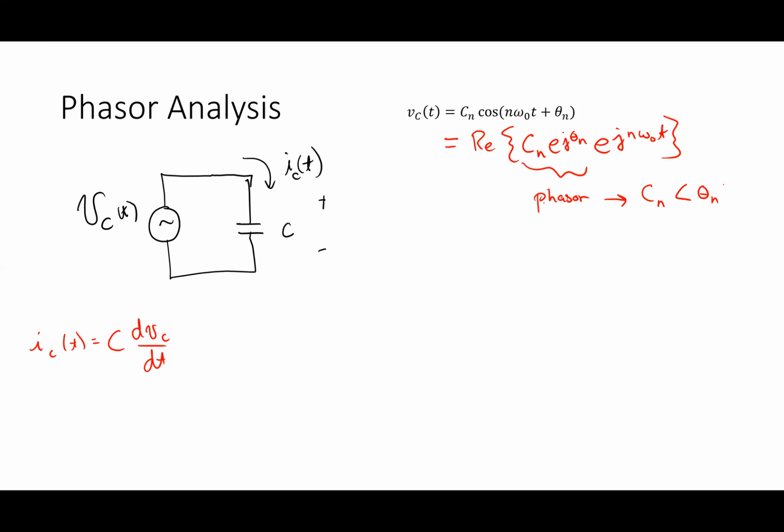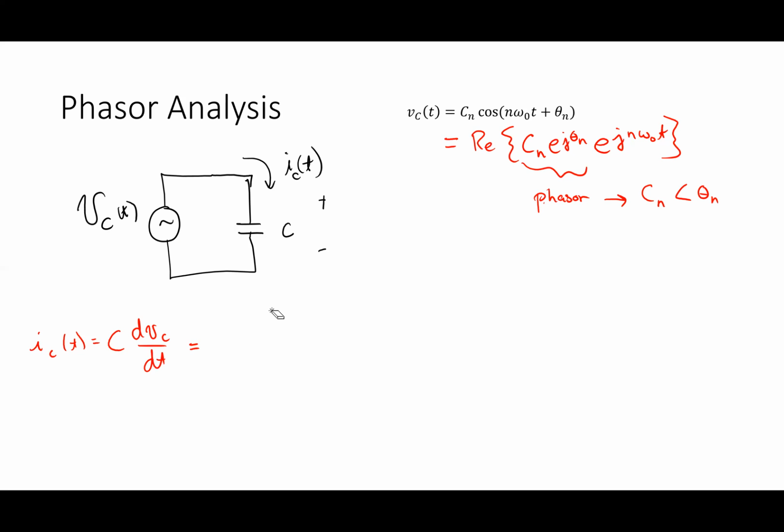Now, we'll do analysis with the phasor and say we have Cn e to the j theta n. Let me be careful.